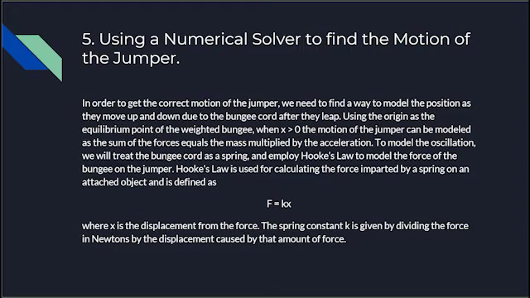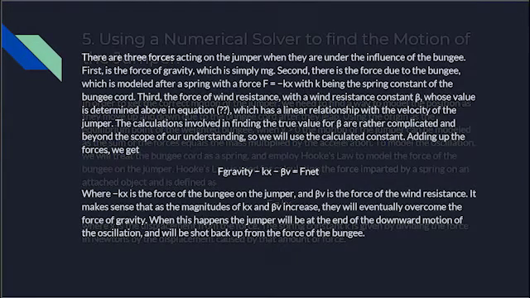It makes sense that as the magnitudes of kx and beta v increase, they will inevitably overcome the force of gravity. When this happens, the jumper will be at the end of the downward motion of the oscillation and will be shot back up by the force of the bungee.